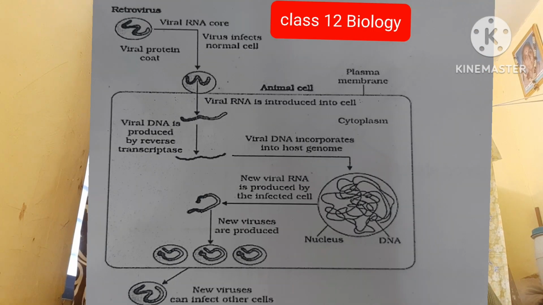Now here I am putting the HIV life cycle diagram, showing how the replication of the retrovirus occurs. After getting into the body of a person, the virus enters the macrophage.